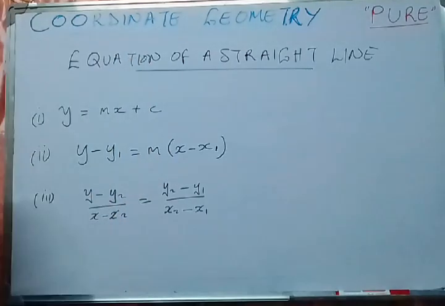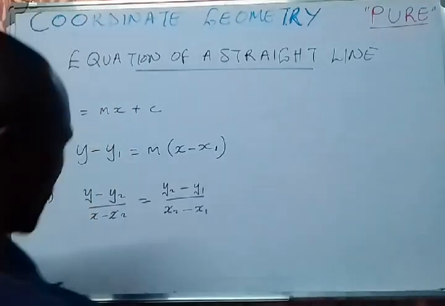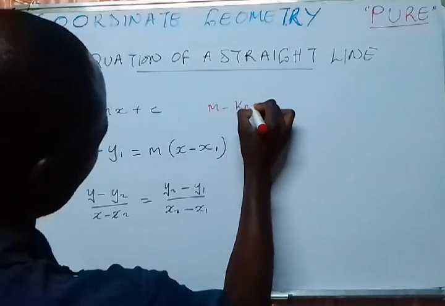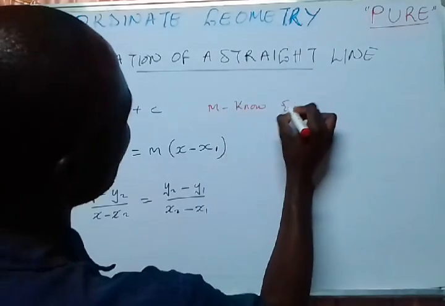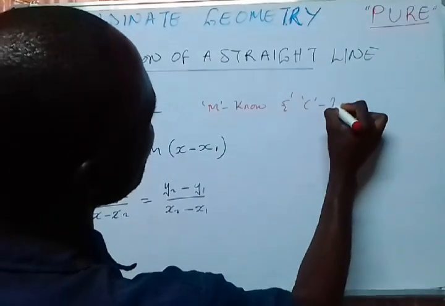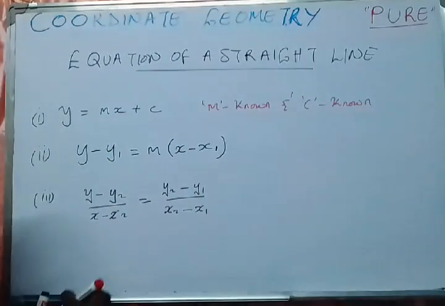This equation is only applicable when 2 points are known. The first one is used when the gradient is known and the y-intercept value is also known. This is the way you can use these.